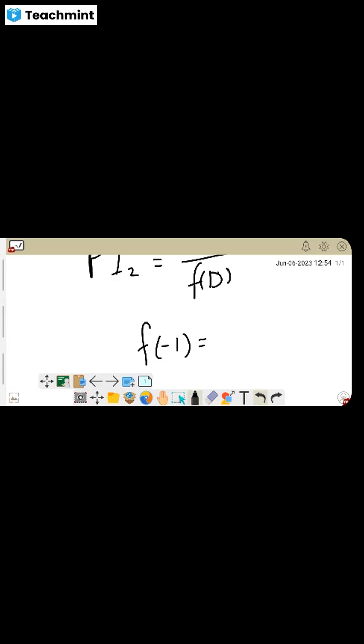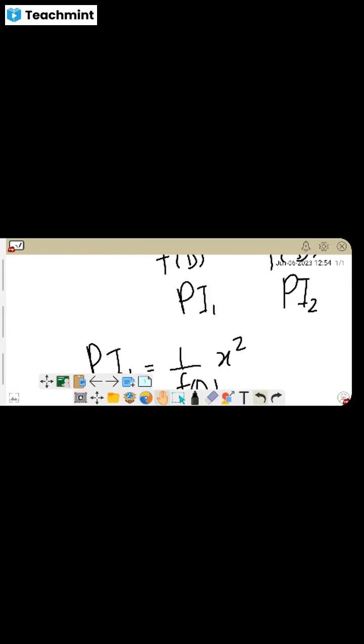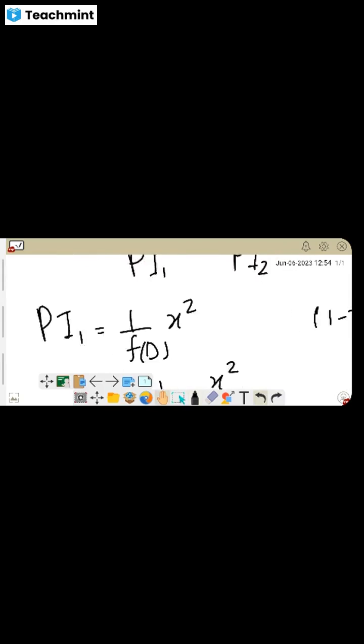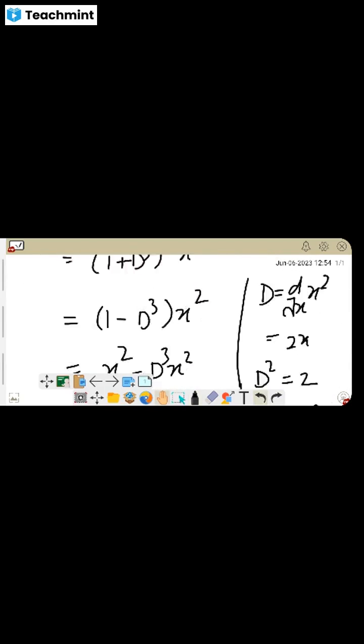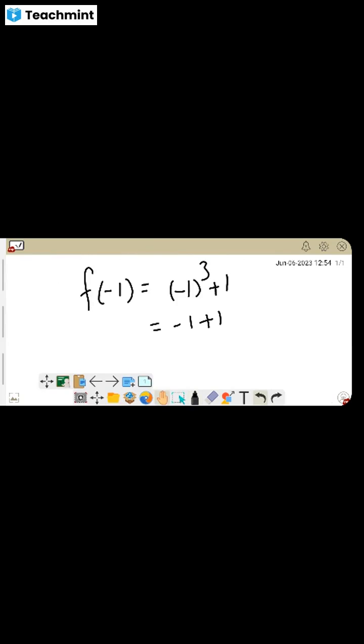If we put minus 1 here in fd, let us find it. We'll get 0 because minus cube of minus 1 is minus, this plus minus 1 plus 1, we have 0. So the test is failed.